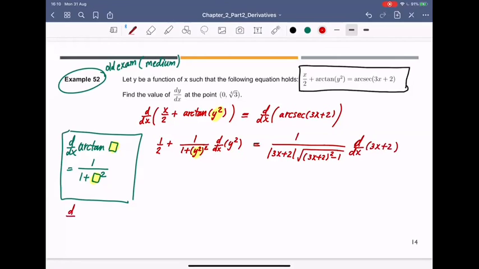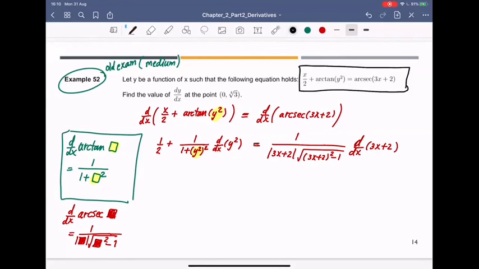So the formula for differentiating arcsec is 1 over the absolute value of the rectangle, times the square root of the rectangle squared minus 1. Well, spend your time to memorize it, and then you will get better.